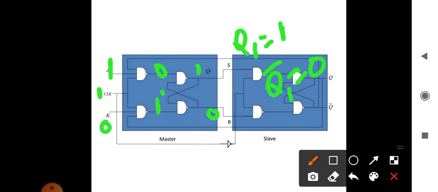Q1 will be 1 and Q1 complement will be 0, but here you can see when clock is equal to 1, it is being converted by the NOT gate. So one inversion becomes 0, the slave is inactive.